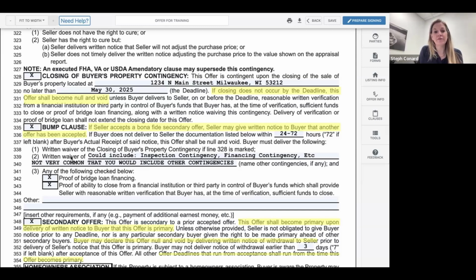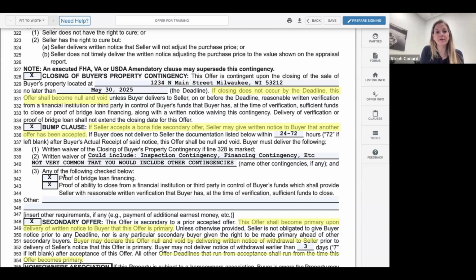Number 2, they could give a written waiver of other contingencies, and this could include things like the inspection contingency, the financing contingency, etc. I will say it's not very common that other contingencies are included in a bump clause. But I'm going to give examples in a minute here of where you might want to use a bump clause elsewhere.